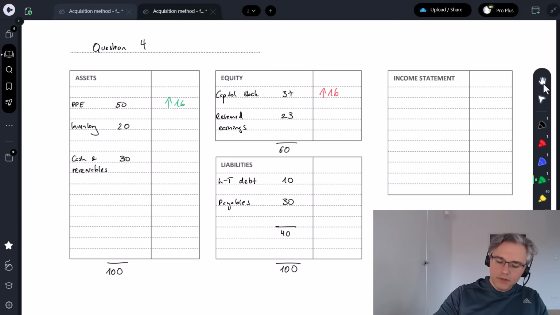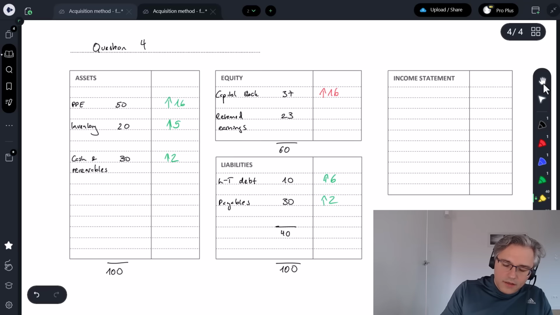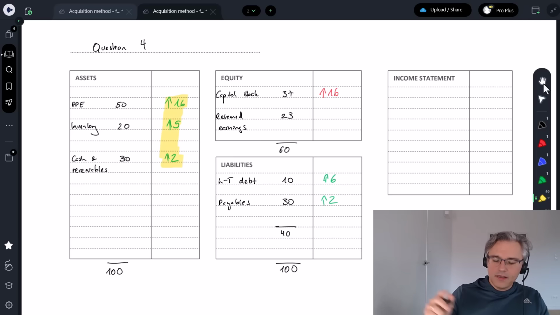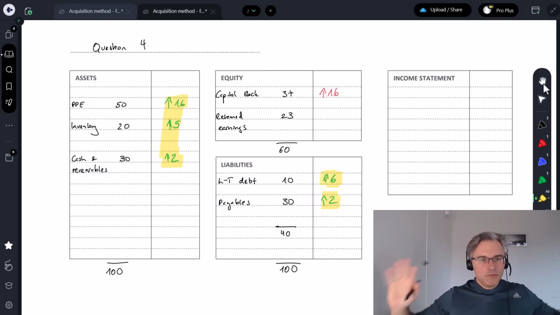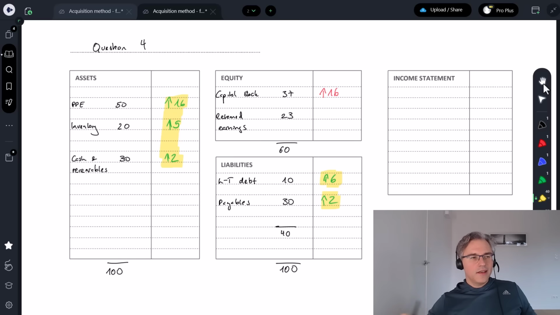The property, plant and equipment 16, inventory 5, cash and receivables 2. Over here I remember 6 and 2, right? So all of this stuff on the left hand side, 16 plus 5 plus 2, that's 23. 6 plus 2 is 8. So on a net basis, we bring in net assets at their fair values of 15.